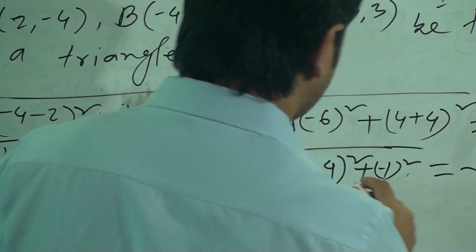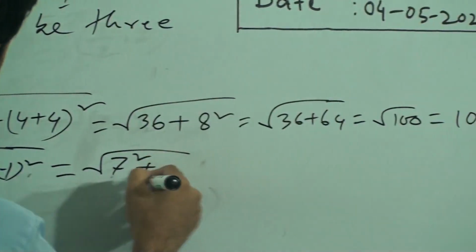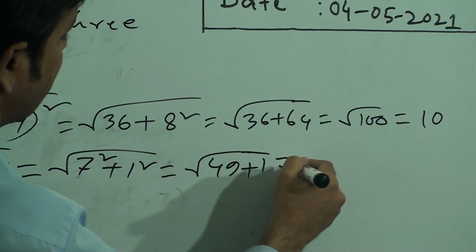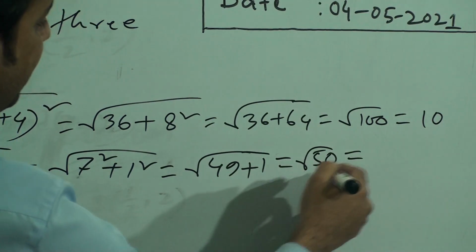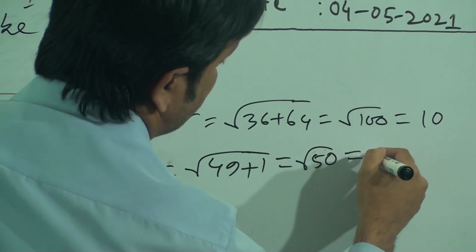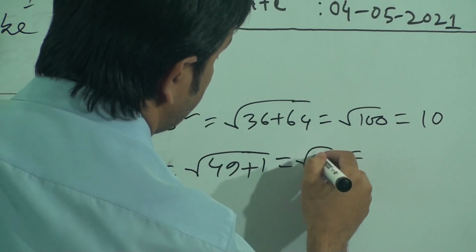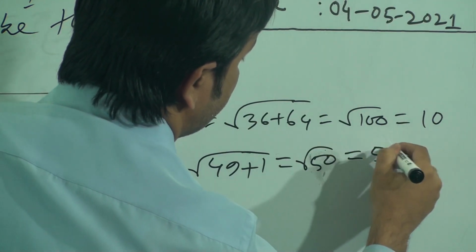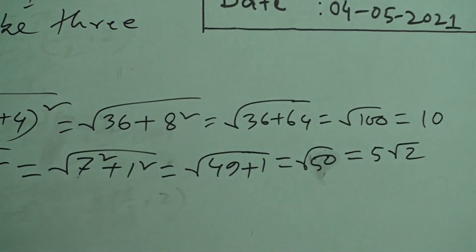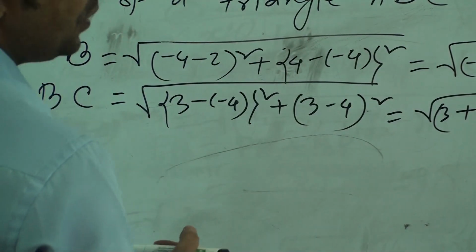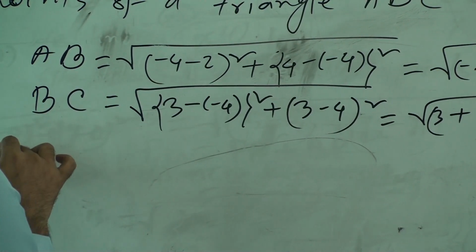We can write 7 square plus 1 square, that is 49 plus 1, which is square root of 50. Square root of 50 we can write as 5 root 2, as we can express 50 as 25 into 2, so the square root of 25 is 5.